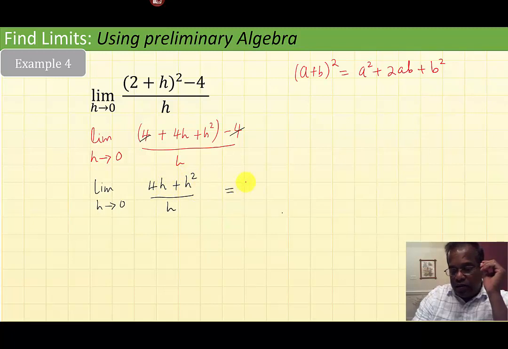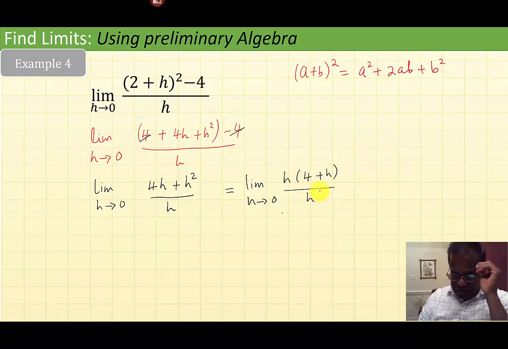So this is equal to limit h goes to 0, h out, you get 4 plus h over h. So again h cancels out, and we get limit h goes to 0, 4 plus h. As h approaches 0, 4 plus h approaches 4 plus 0, or 4.